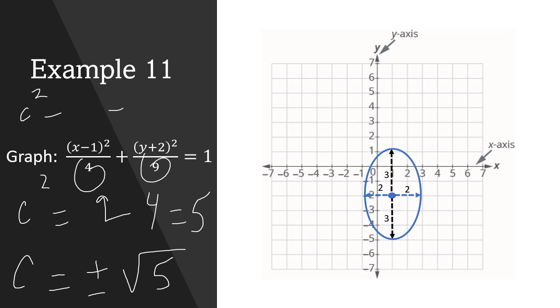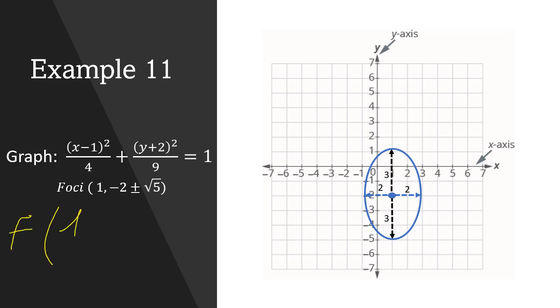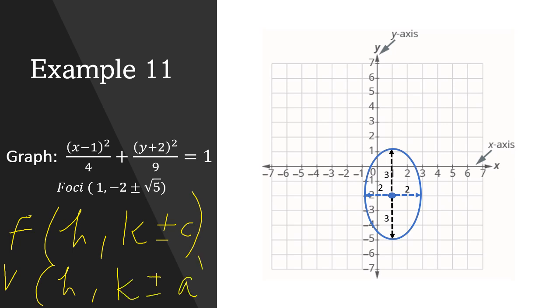Now the equation for the foci and for the vertices: the foci are h, k plus or minus c, and the vertices are h, k plus or minus a, where c squared is a squared minus b squared.